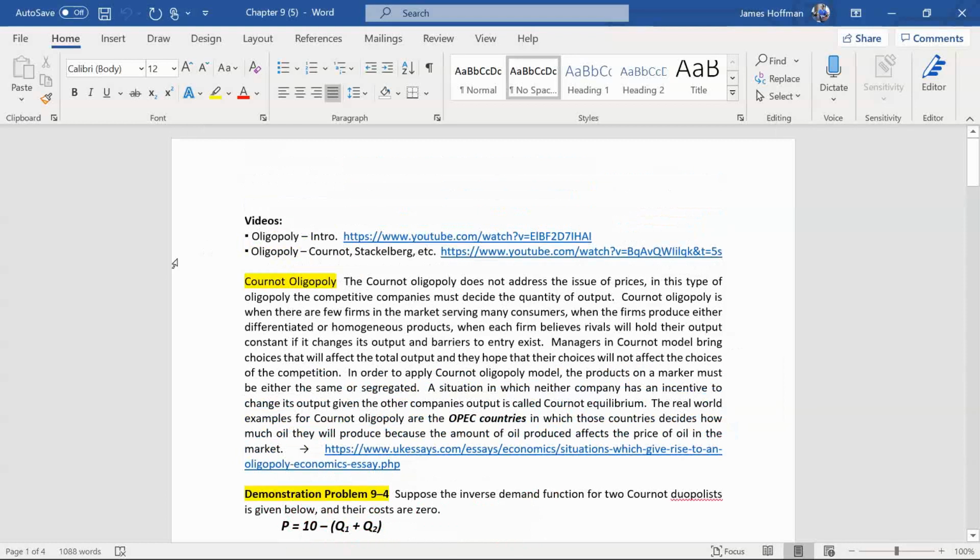I put a little definition or summary of the Cournot oligopoly I got from a web search, so you can look at that. And there's a little web link. So this talks about and defines some more about the Cournot, and then some more real world examples.